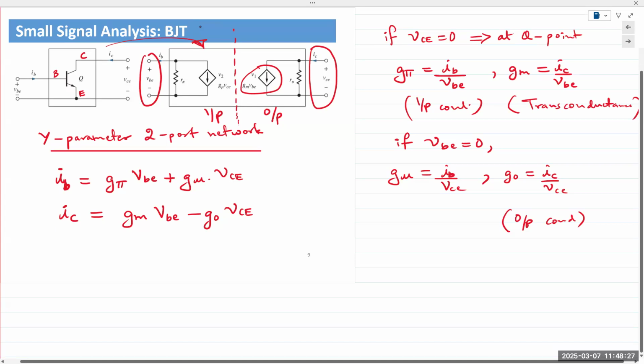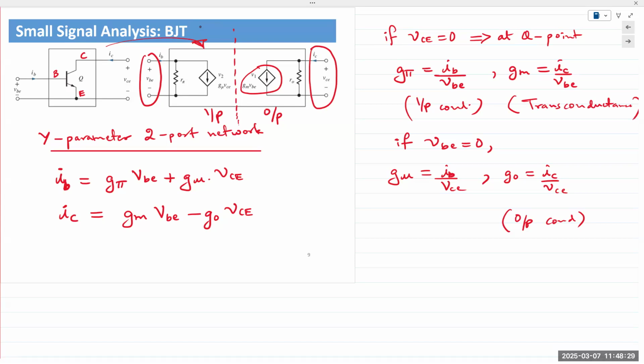Okay. And there is a derivation in the book. I'm not going to go over the derivation right now in class, but we can write that at the Q point, g mu can be 0 because VCE we take it 0.